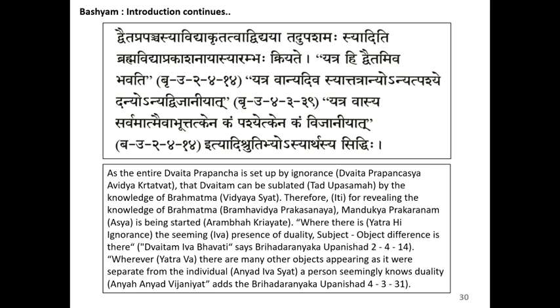He's saying, where there is ignorance, there will be duality. There will be a subject-object difference. Bheda will be there. Dvaitam iva bhavati. In the Brihadaranyaka Upanishad, the second chapter, fourth section, the 14th mantra, wherever there is Dvaitam, there is Bhayam.